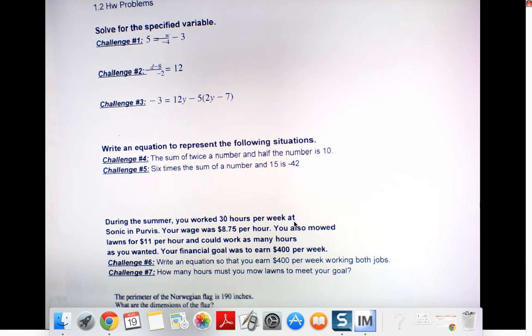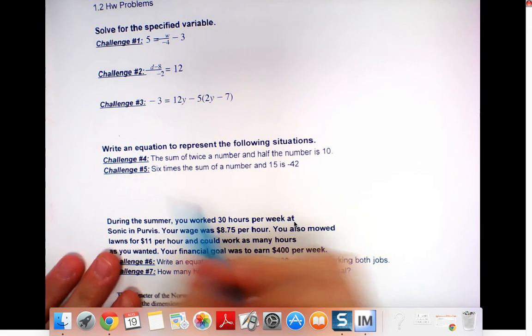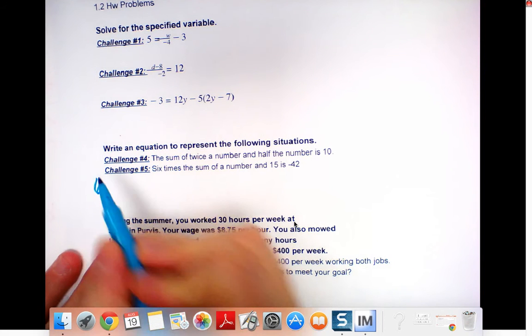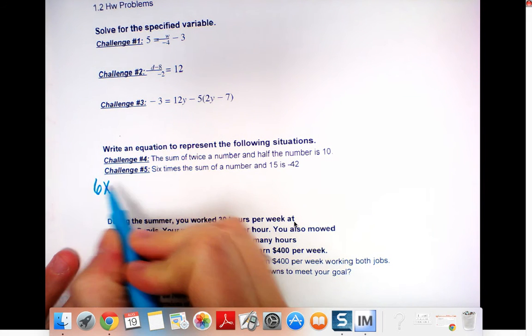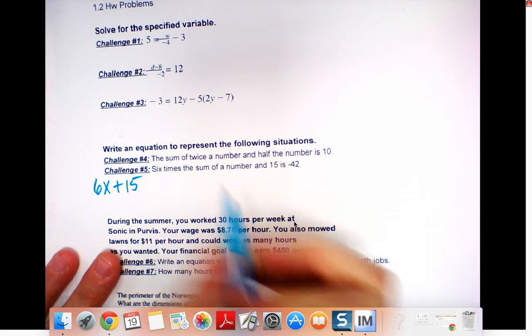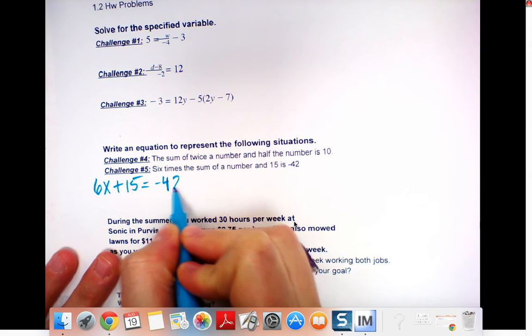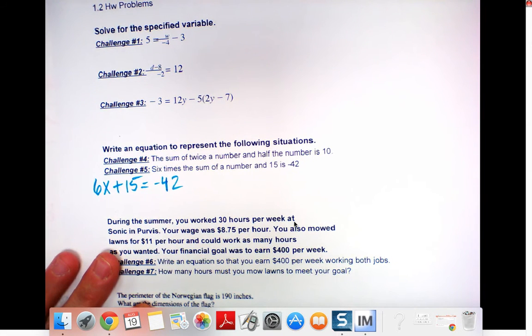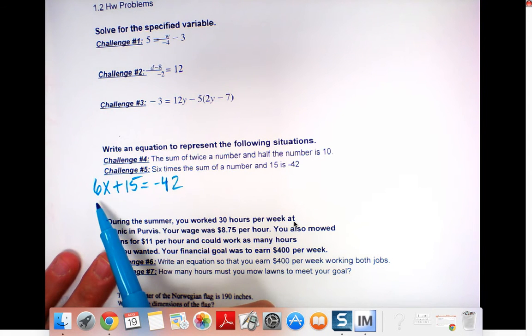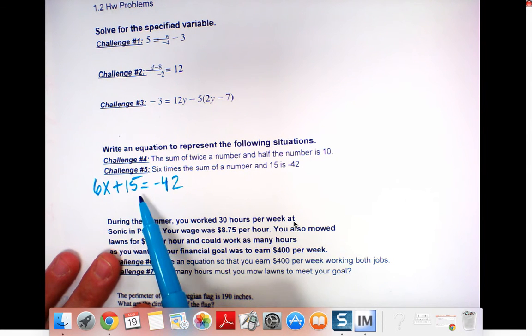Now, a lot of students were tempted to write the equation like this. 6 times the sum of a number and 15 is negative 42. Okay? But let's be aware that here this is saying 6 times a number added to 15 is negative 42.